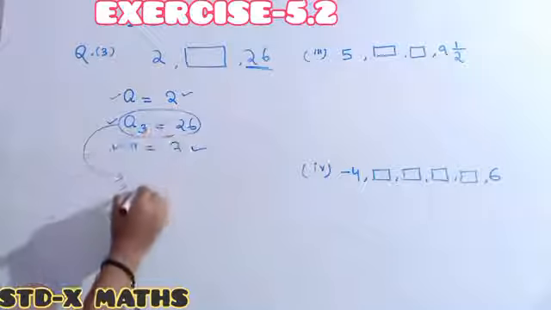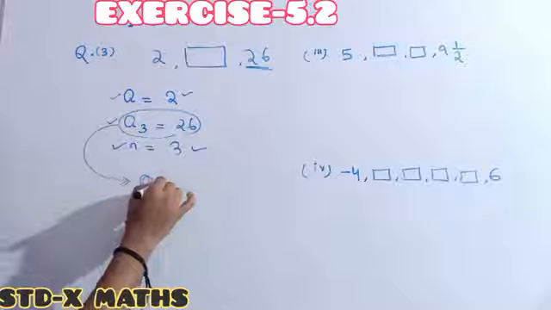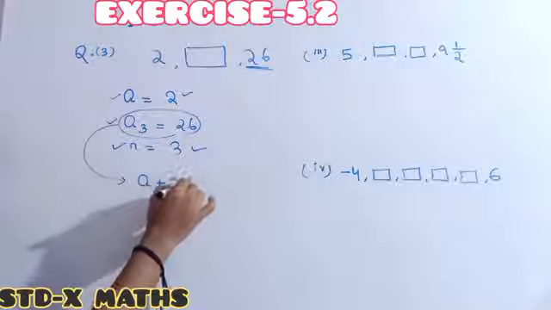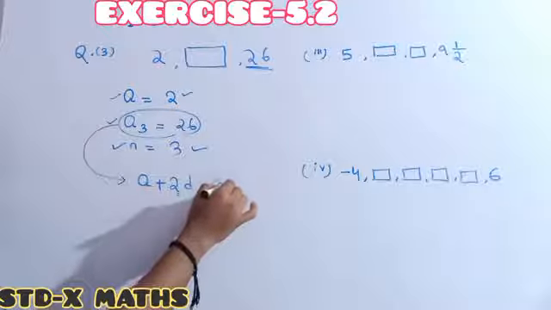A3 equal to 26. A3 means A plus 2D, it is our 26.